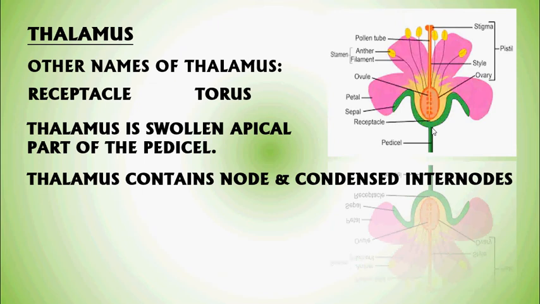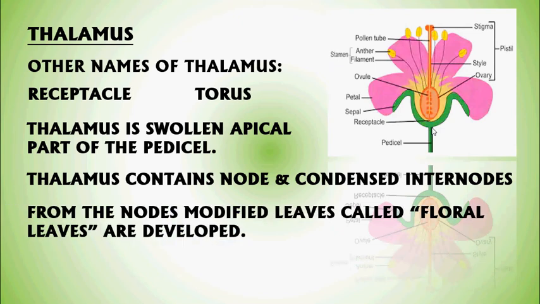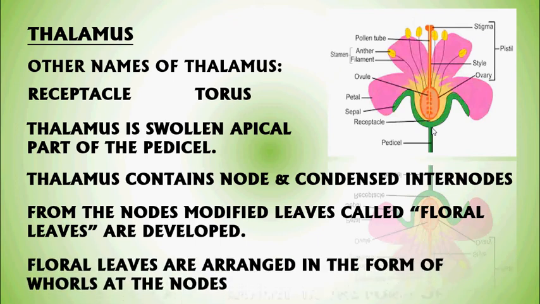Thalamus contains nodes and condensed internodes. From the nodes, modified leaves called floral leaves or floral parts develop. Floral leaves or floral parts are arranged in the form of whorls at the nodes.